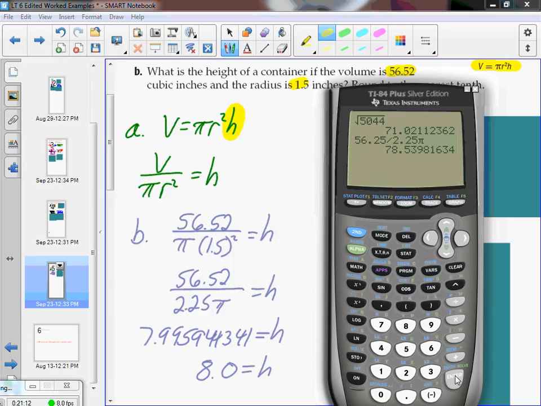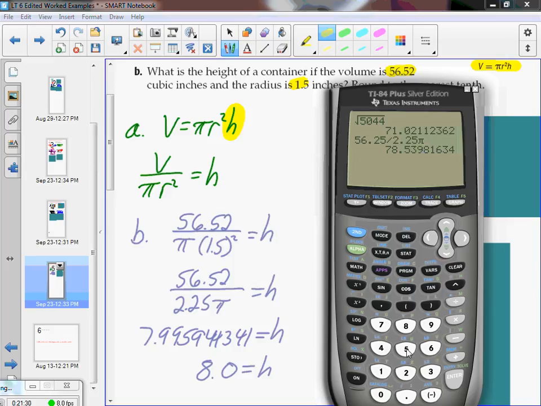Because the way I typed it in the calculator, remember our order of operations that we spent several days on? The calculator took 56.52 and divided it by 2.25, and then you know what it did with the pi? Multiplied it by pi. That's not what I meant.